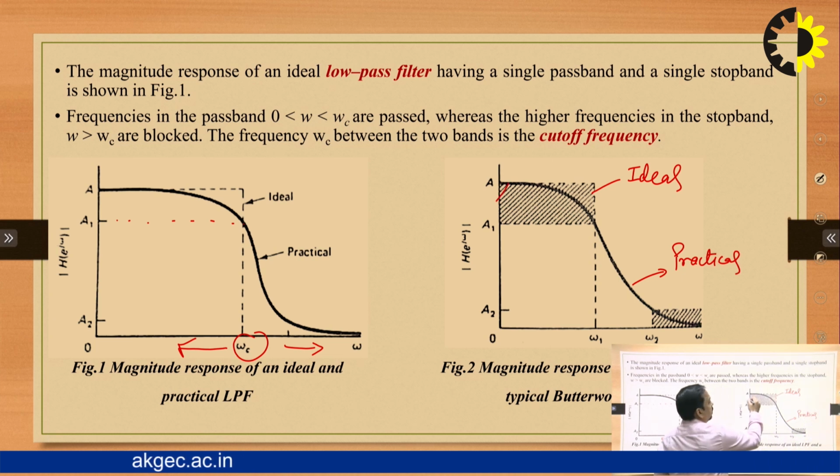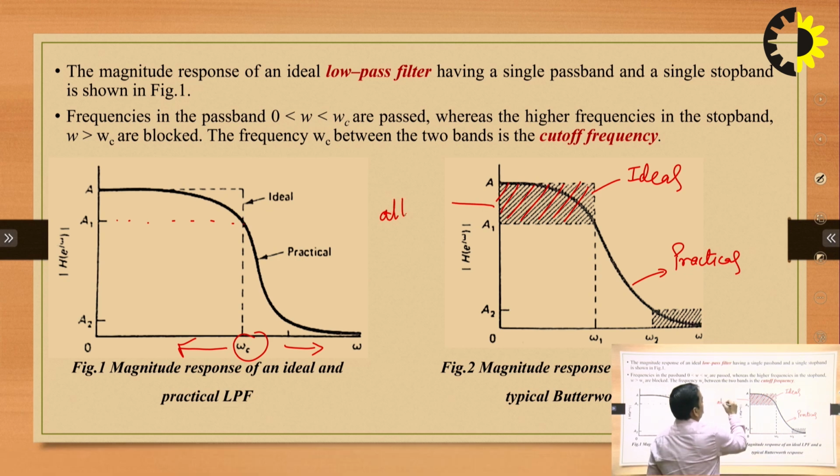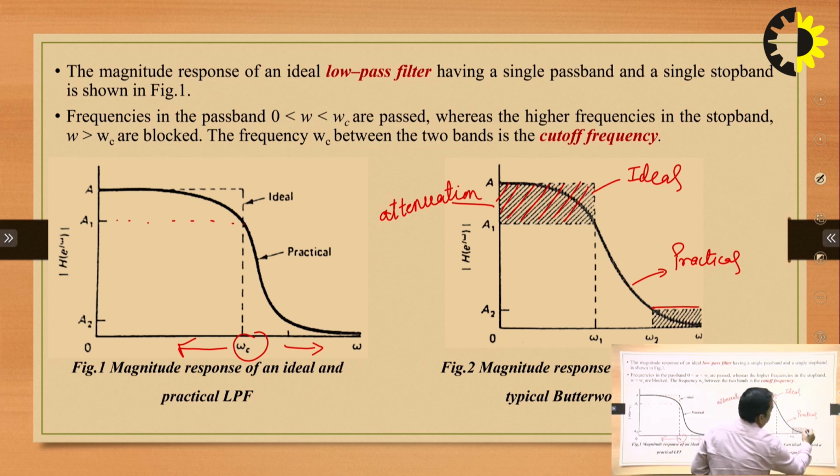This shaded portion is called the attenuation in the pass band, whereas in the stop band the attenuation is given by, let's say, A2. So this is called the attenuation in the stop band.